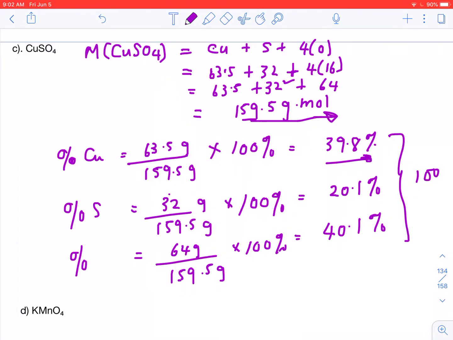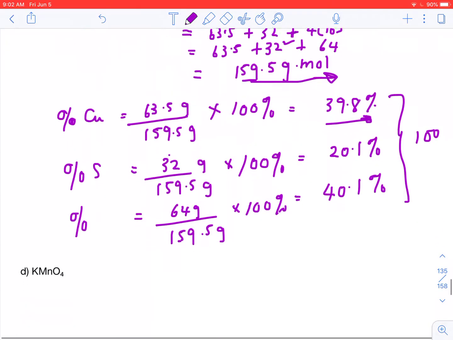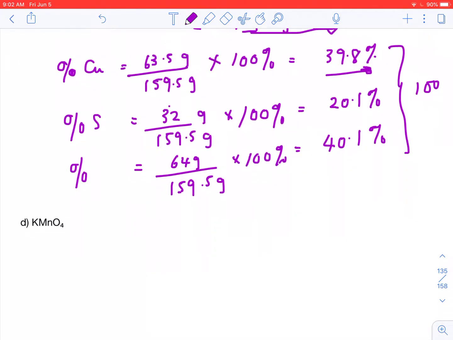Right, now let's look at the next one. KMnO4. We want its molar mass, so we say M of KMnO4.